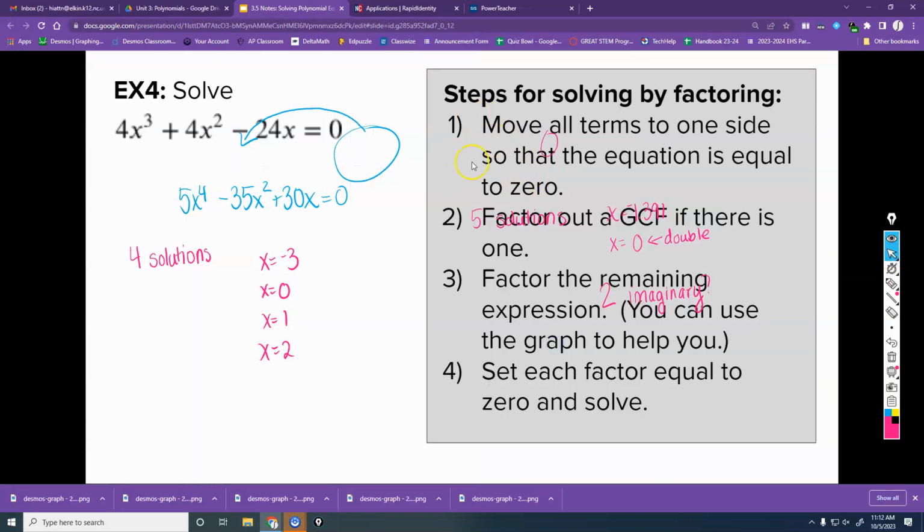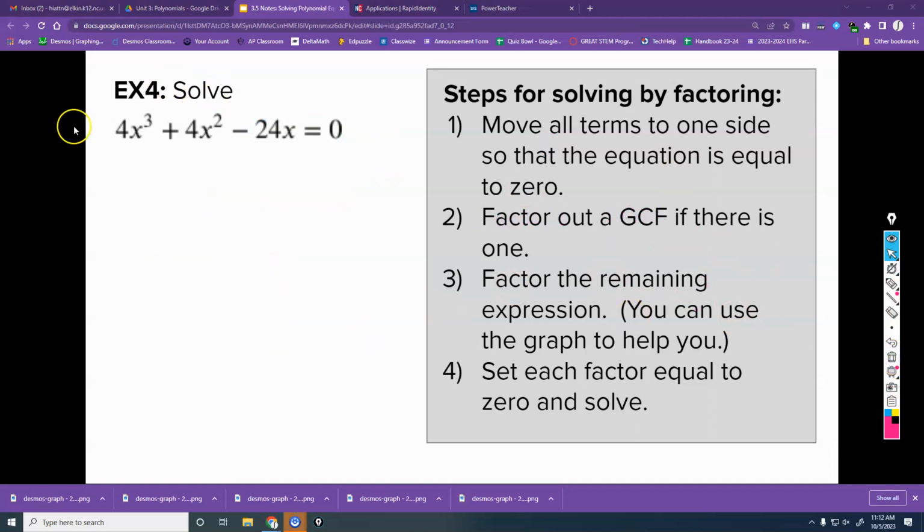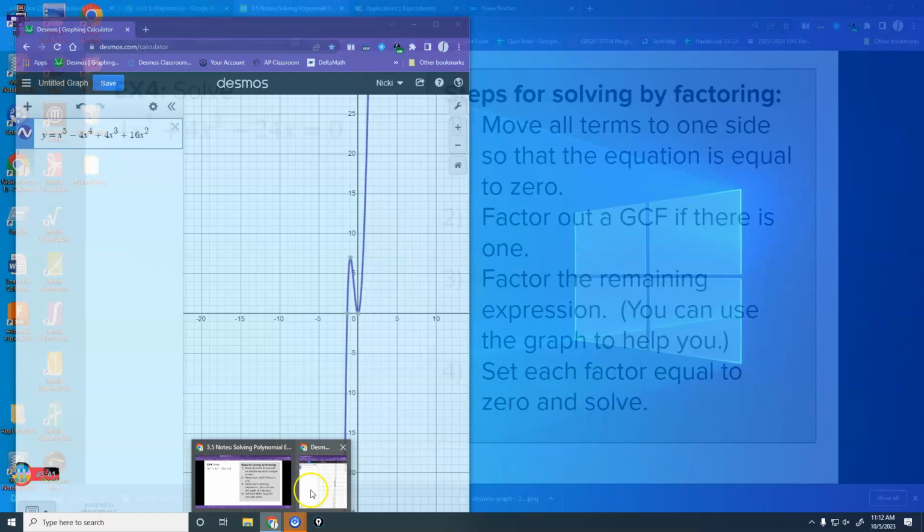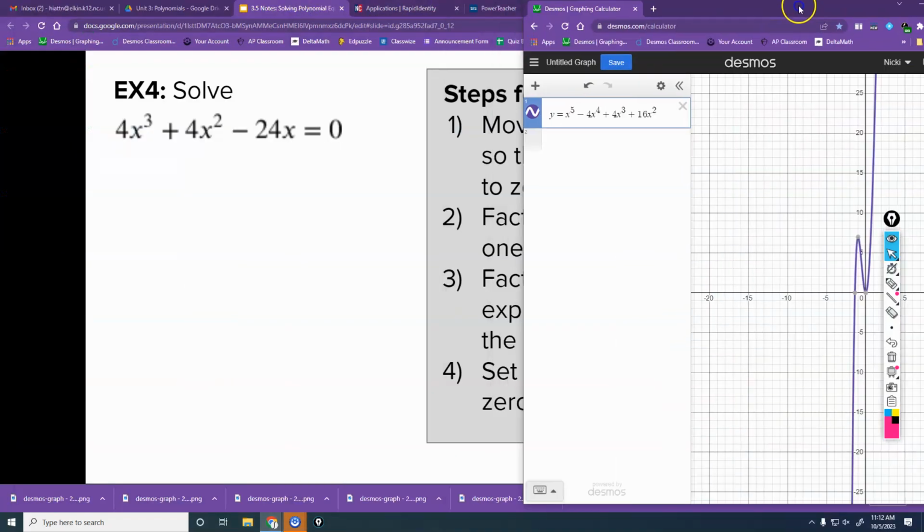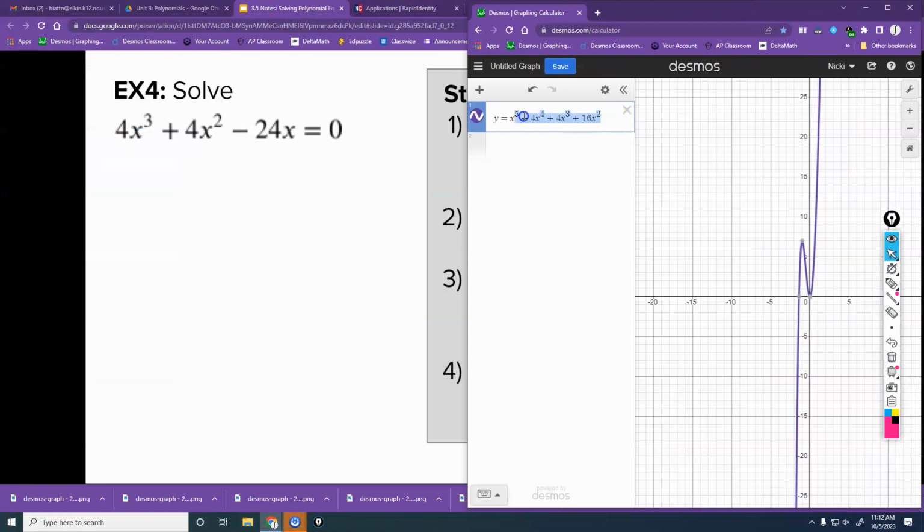So we're not going to work through that because I think I want us to do that later in the problem. So if I'm asked to solve this right here, this one, let's use Desmos real quick. We might be able to solve this one with Desmos, but I can't remember.